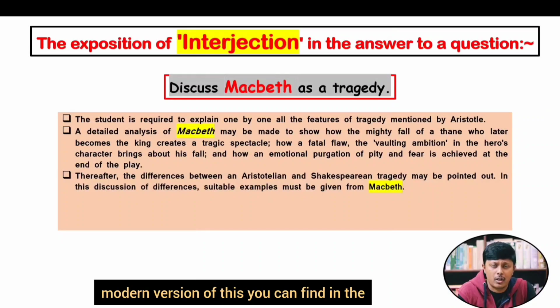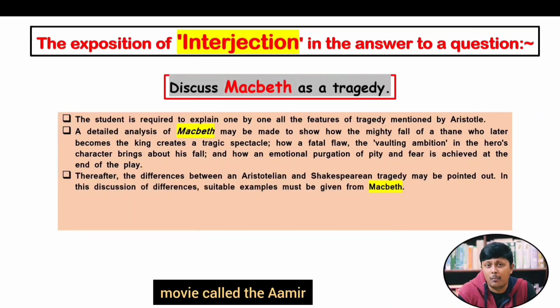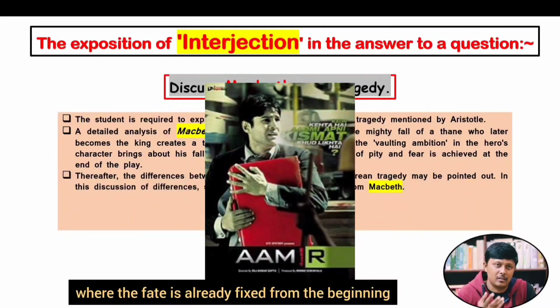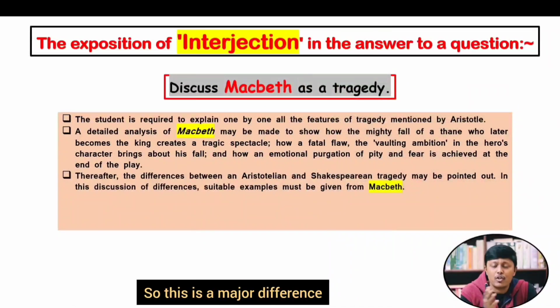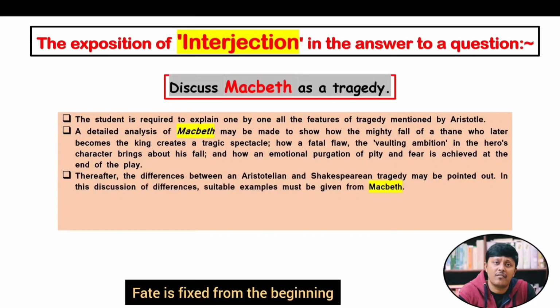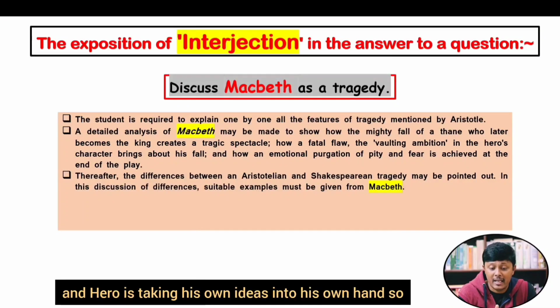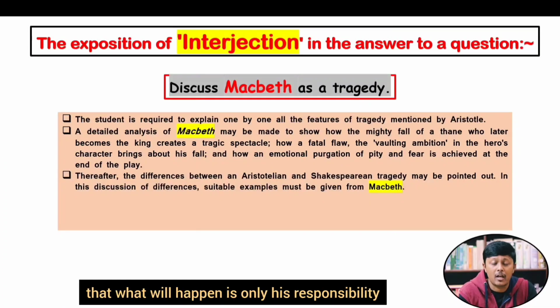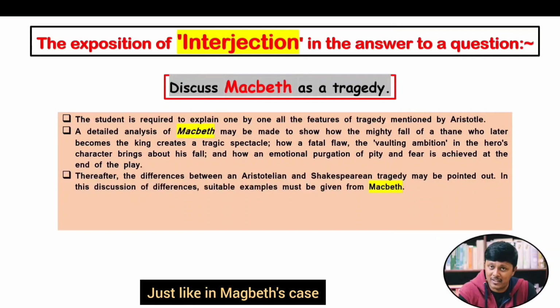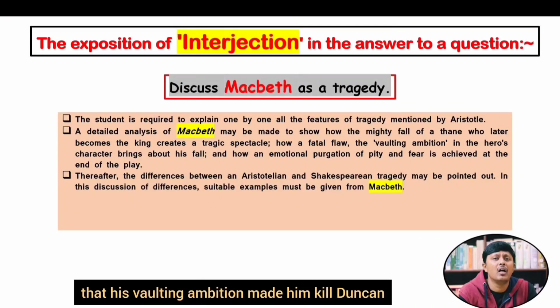A modern version of this you can find in a movie, where the fate is already fixed from the beginning. So this is a major difference: the hero's fate is fixed from the beginning, versus the hero taking his own ideas into his own hand, so that what will happen is only his responsibility, just like in Macbeth's case, where his vaulting ambition makes him kill Duncan.